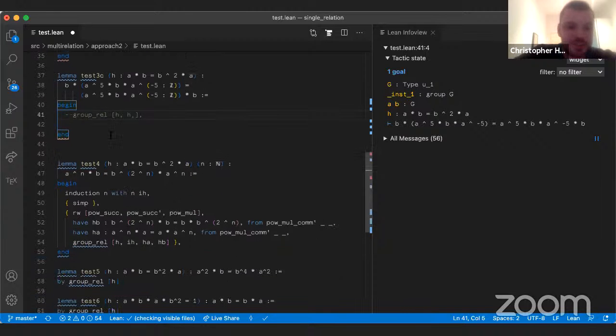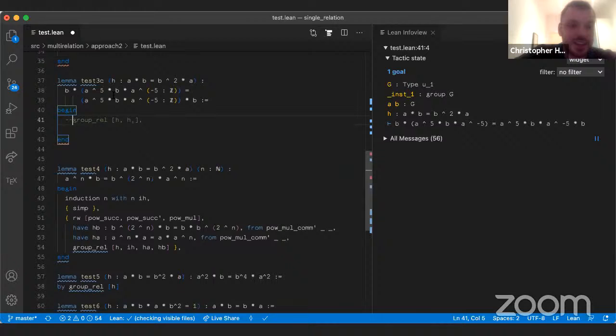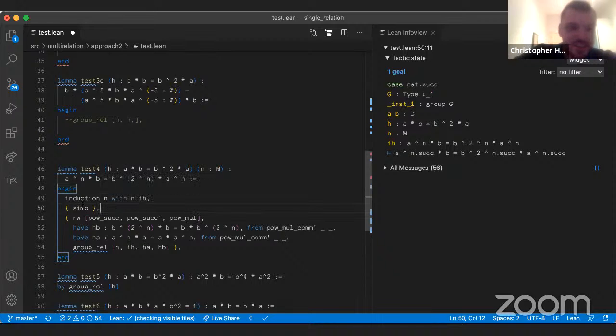What I should be doing is proving the general theorem, which is that a to the n times b is b to the 2 to the n times a to the n, and that will help me prove this theorem. And actually, it does this one quite well.